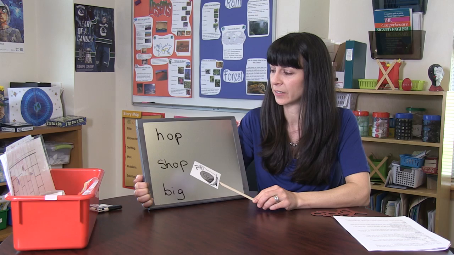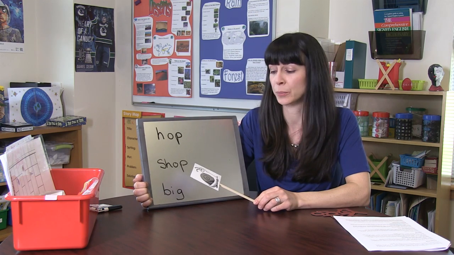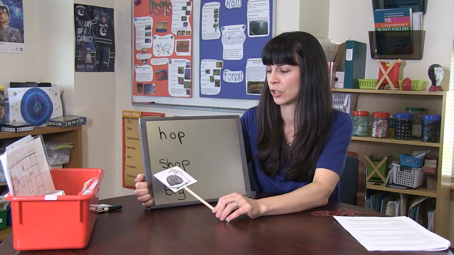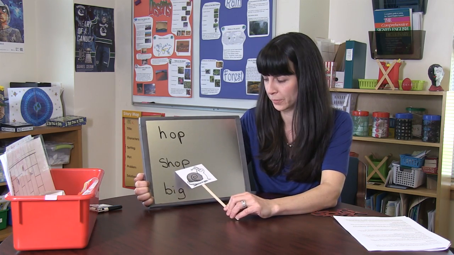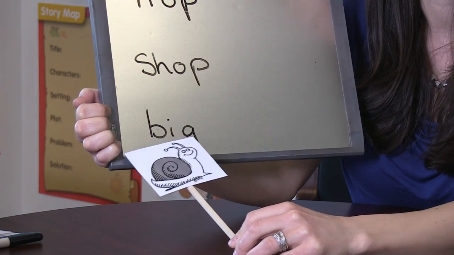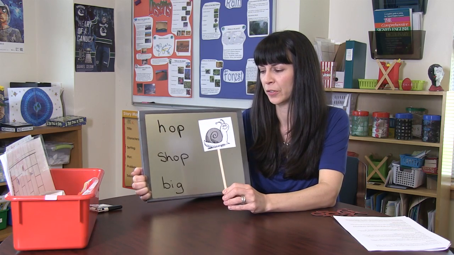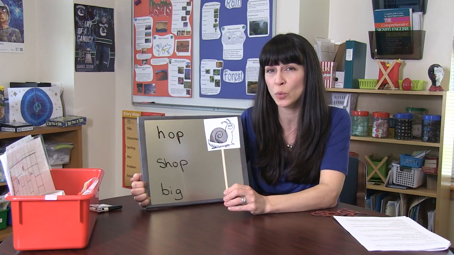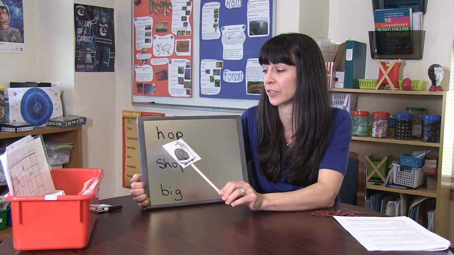So in this case, if I wanted to practice blending these letter sounds together to read these words, I'd take my turtle and I'd go h, o, p, hop, sh, op, shop, b, i, g, big. So the snail in this case is cueing the student to speak slowly and enunciate each of those letter sounds in the word.